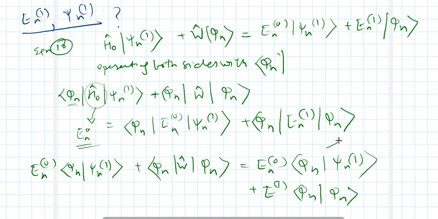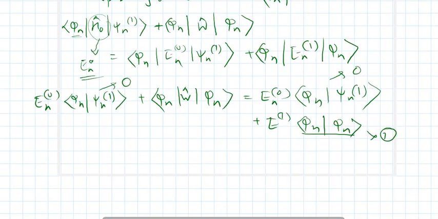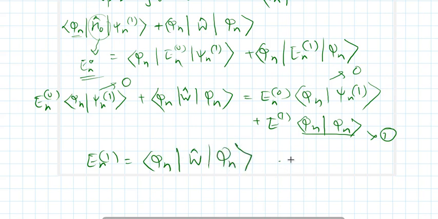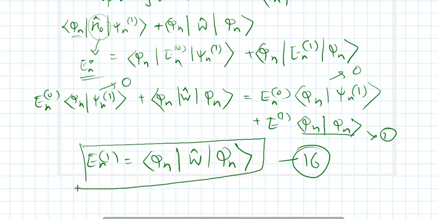As we know, this value is 0, this value is also 0, and this value is 1. So I can simply write that En1 is equal to phi n W phi n. Call it equation number 16.